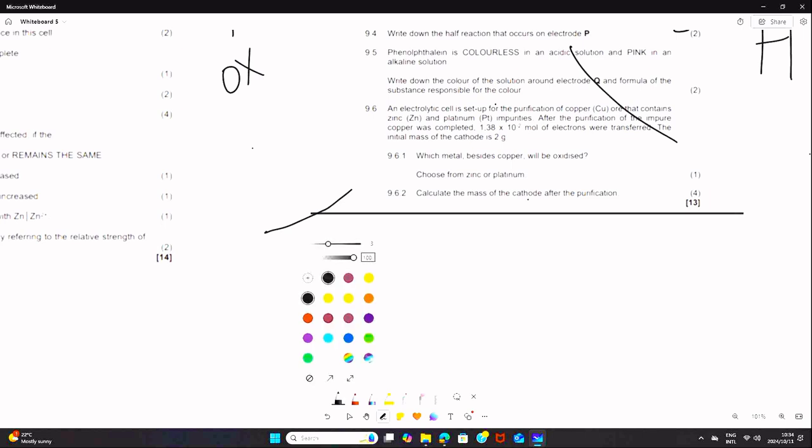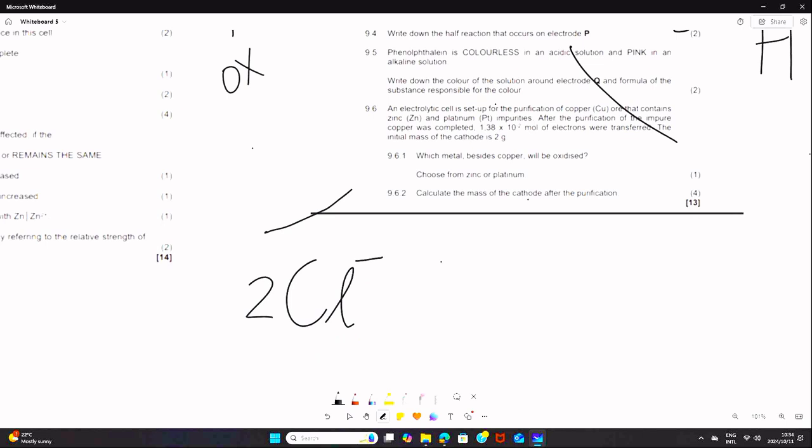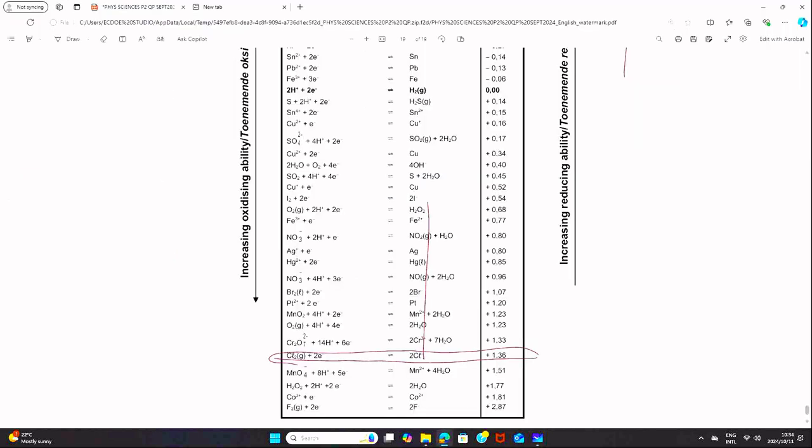It's actually going to be 2Cl minus, single arrow, and then let's go and copy. Remember, don't be shy to copy. We are copying things exactly as they are. So it's 2Cl minus. Now we're writing it from right to left. And then we have Cl2 plus 2 electrons there.